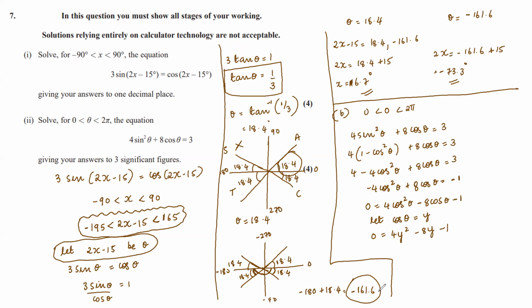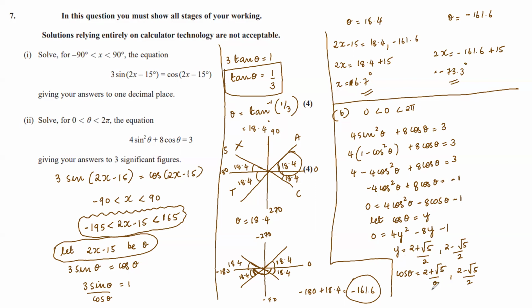You will get y as (2 plus root 5)/2 and (2 minus root 5)/2. Now y, we resubstitute it back. Y is cos theta. So we'll get cos theta is equal to (2 plus root 5)/2 and (2 minus root 5)/2.